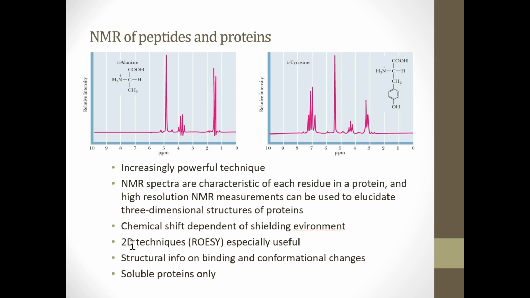So even though they might be 50 residues apart by primary structure, when the protein folds in on itself, voila, we can get all that information about how the protein's interacting. And if we put something else in there and the protein changes a little bit, we can see what those changes are. This is a really, really powerful tool.